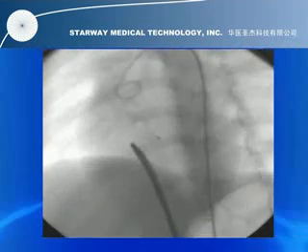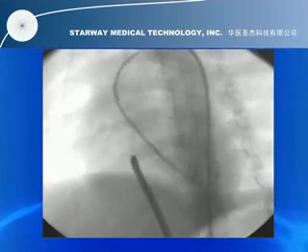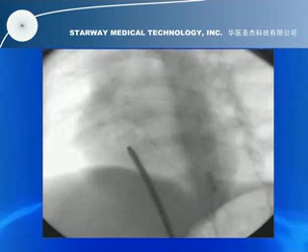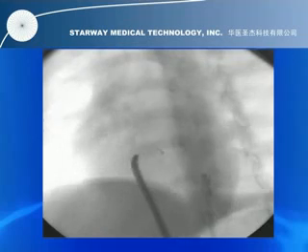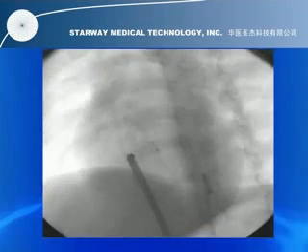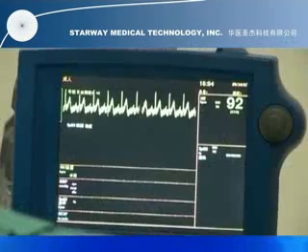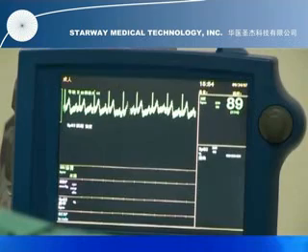Left ventriculography is repeated to assess if there is any residual shunt or encroachment on the aortic valve. Carefully observe using echocardiography if there is any impingement on the tricuspid valve. Monitor if any cardiac arrhythmia occurs on ECG.